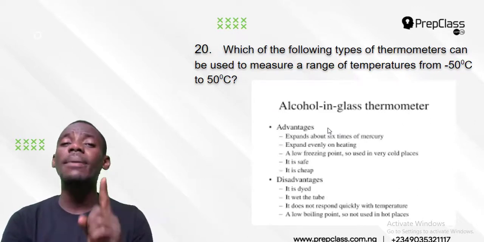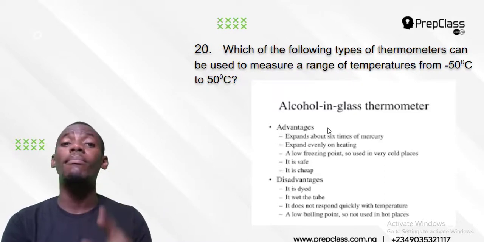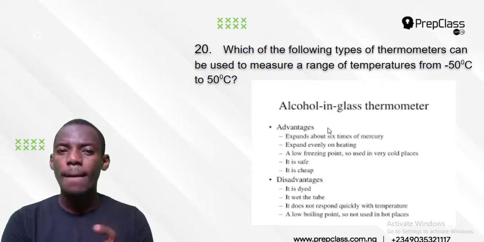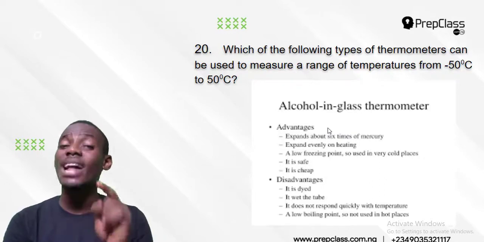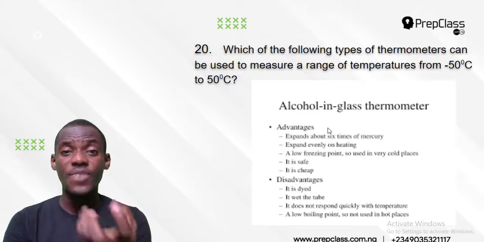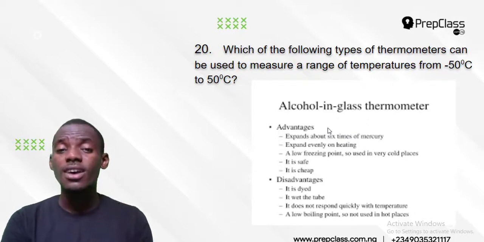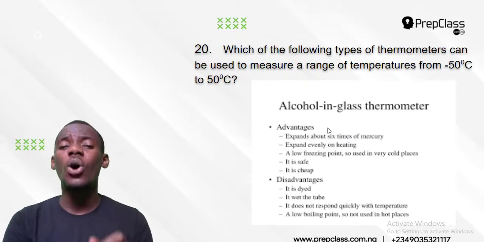It is the only thermometer that can measure as low as minus 50 degrees Celsius, because there is no other thermometer that can go that low. Alcohol actually freezes at a temperature range that is lower than minus 50, so it can measure a temperature as low as minus 50.